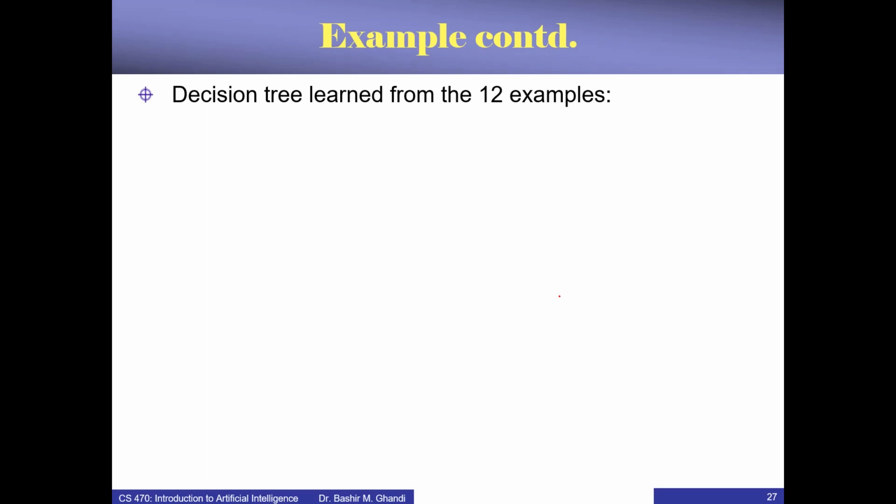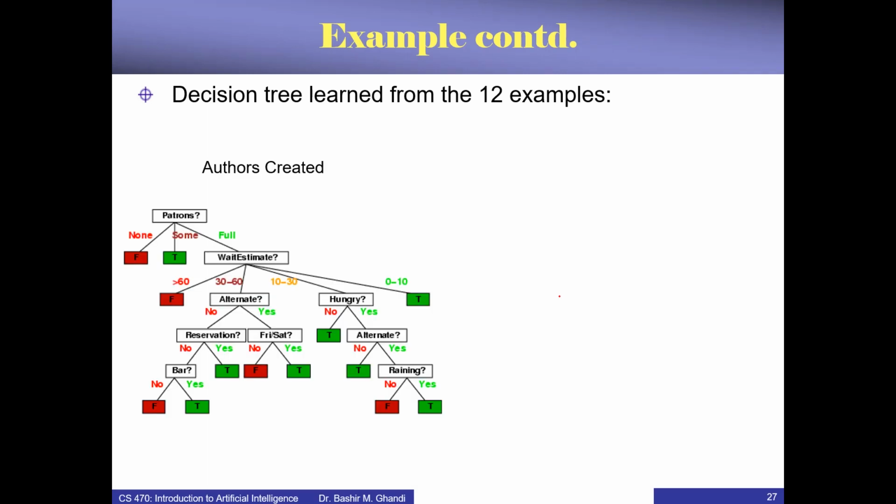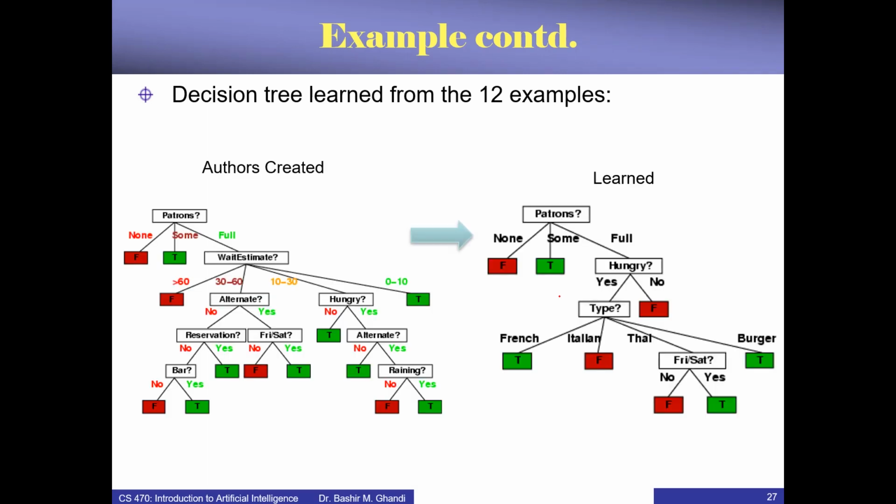And the final decision tree that you get, if you follow that algorithm, is what you have seen here. This was the original tree which was generated by the authors, not following any particular algorithm. And this is the one that is generated if we follow the decision tree algorithm that we have discussed.